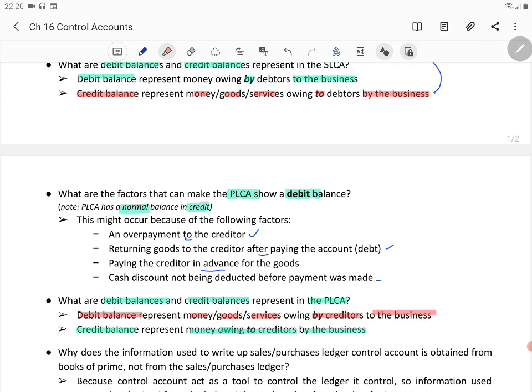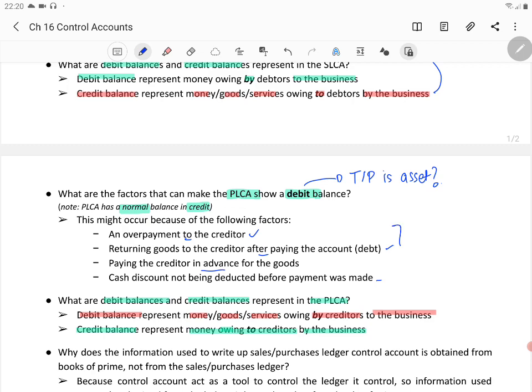Since PLCA is a liability, when PLCA is in debit balance, it means that TP is an asset. How can trade payables be an asset?